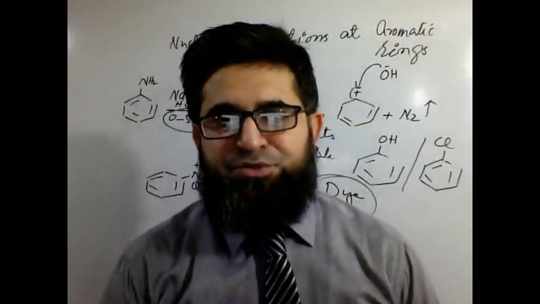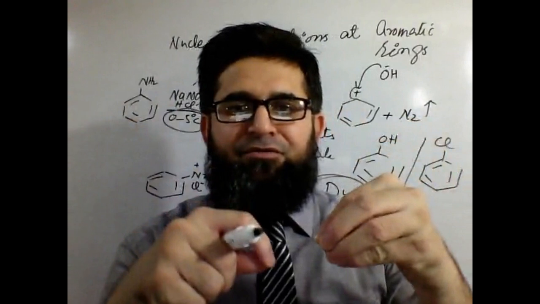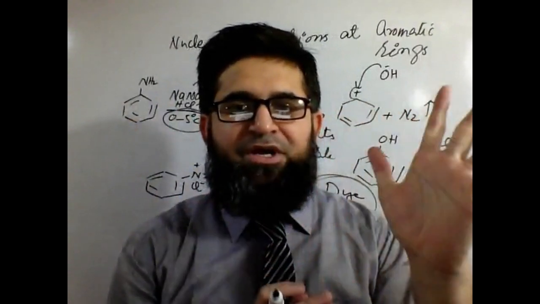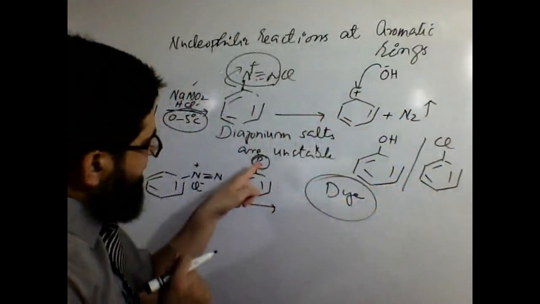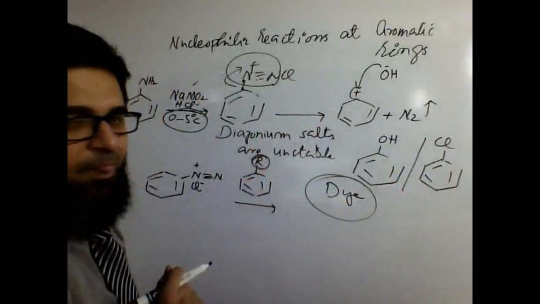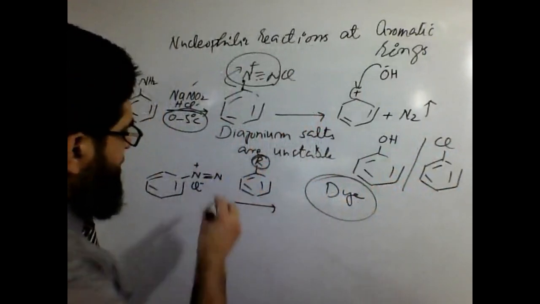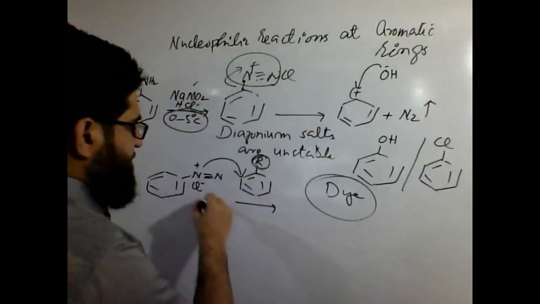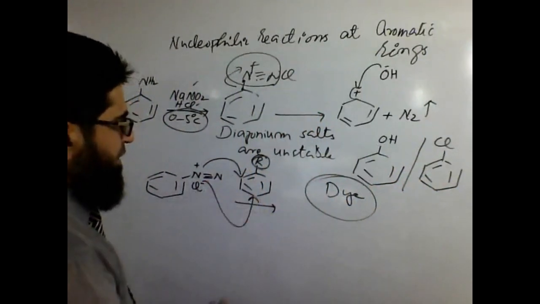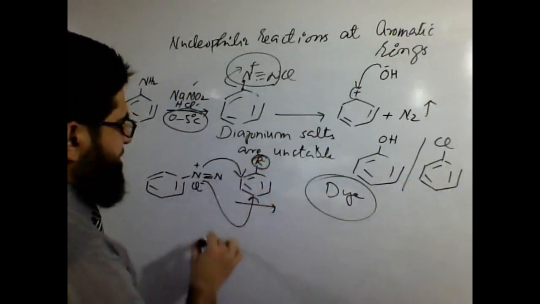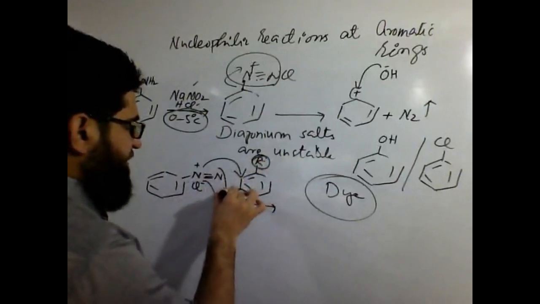Those substituents could be the donating ones or they could be the withdrawing ones. Depending upon the nature of the substituent, this diazonium either can attack at ortho or para, or if this group is some sort of a withdrawing one, then it is supposed to act as meta.